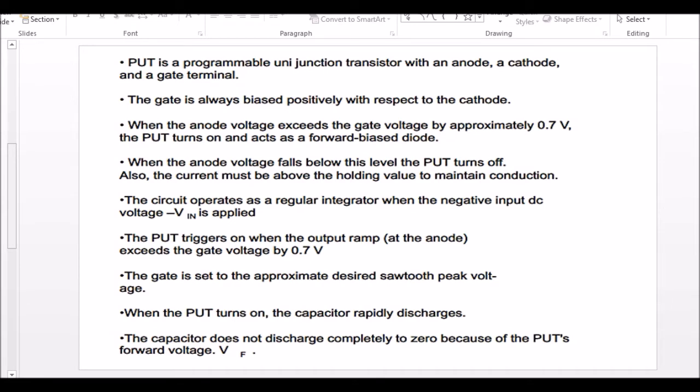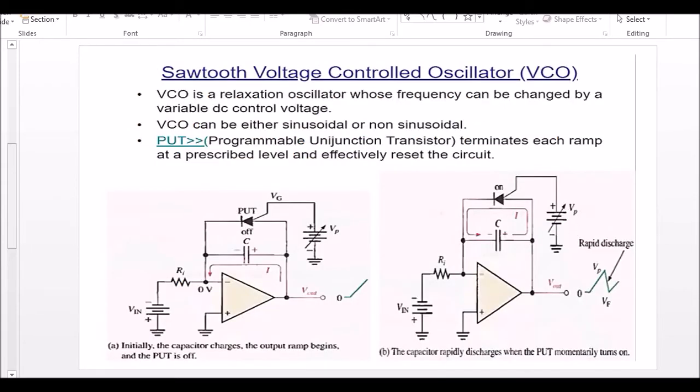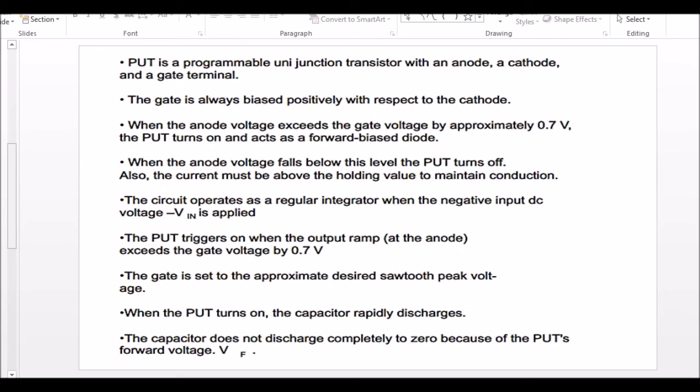So your unijunction transistor basically consists of an anode, a cathode and a gate terminal, right? Now your gate terminal is continuously positively biased. You have applied a voltage to it, so it's normally on, right? It's positive with respect to your cathode.